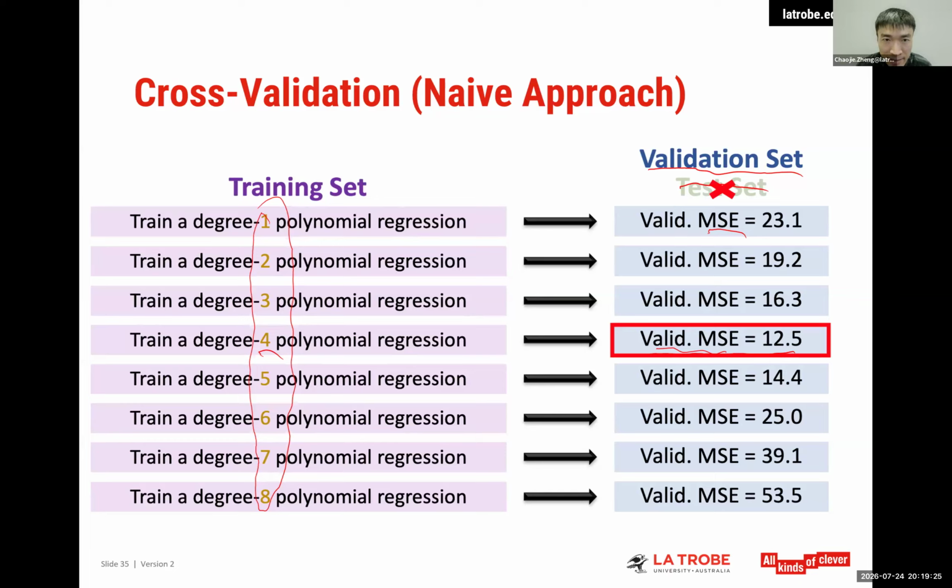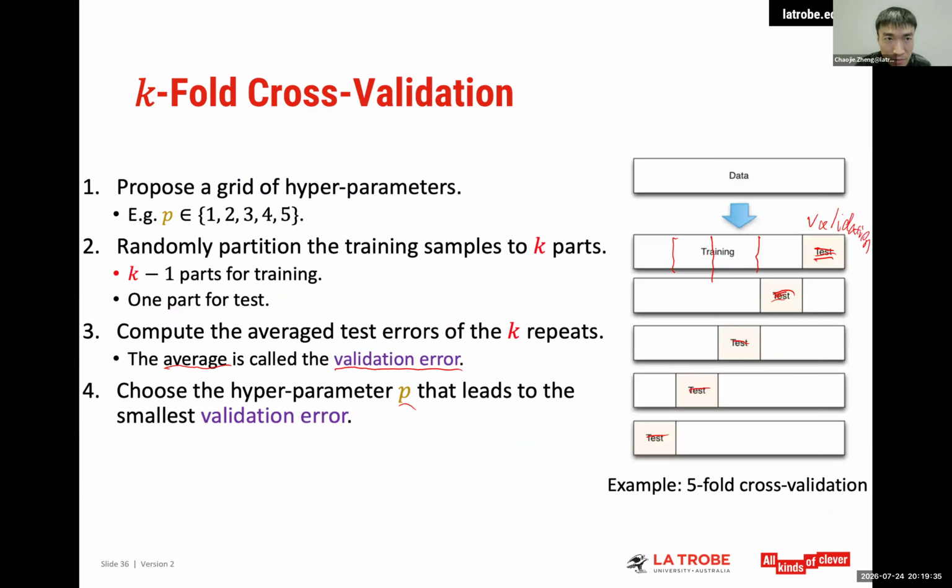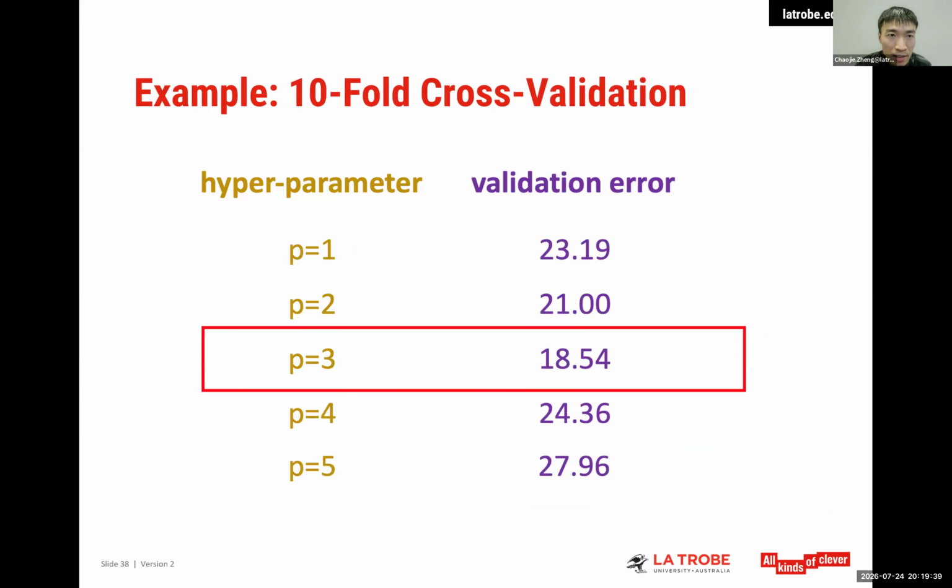We compare the 10 average validation errors, and then find the model with the lowest average validation error. So that is how we use the cross-validation or K-fold cross-validation method to get a more fair evaluation or selection for the hyperparameter value.